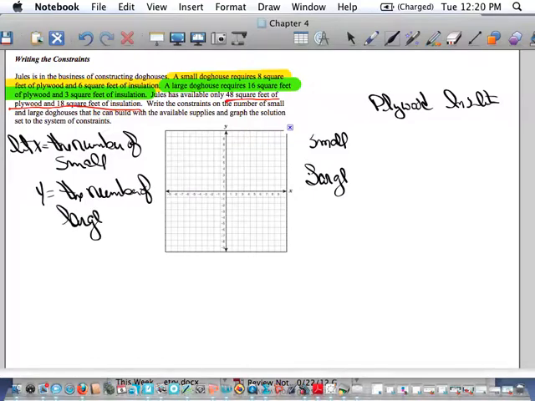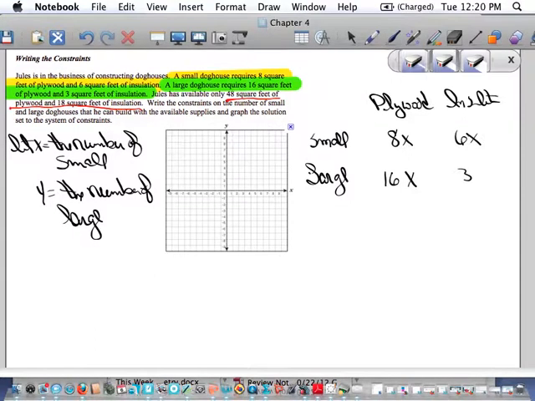So when we look at this, for plywood, I need 8 square feet of plywood. So for every small dog house, I will need 8 square feet of plywood, and I will need 6 square feet of insulation. For large dog houses, I will need 16 feet of plywood and 3 feet of insulation.